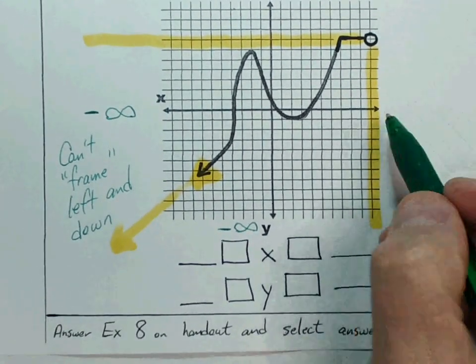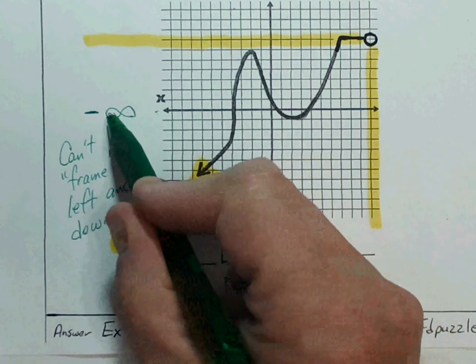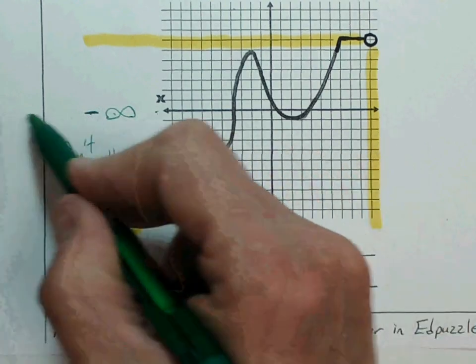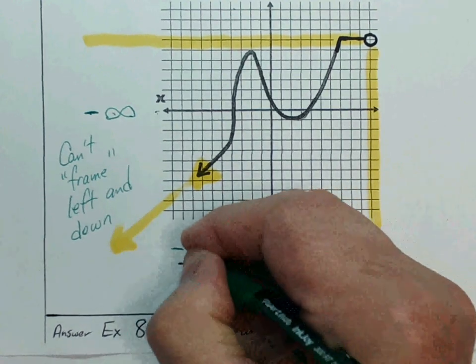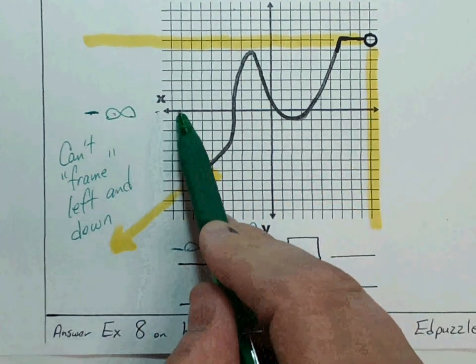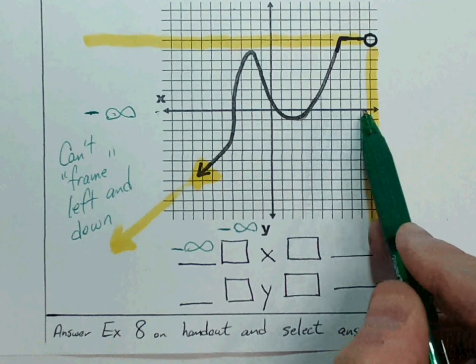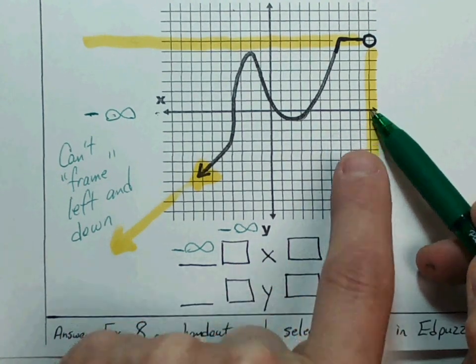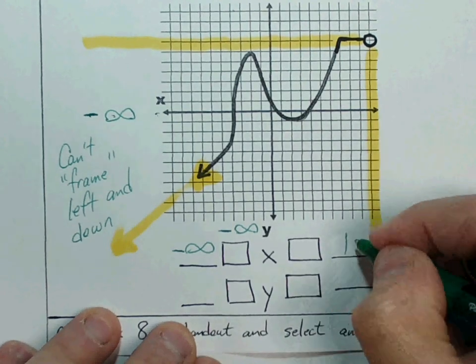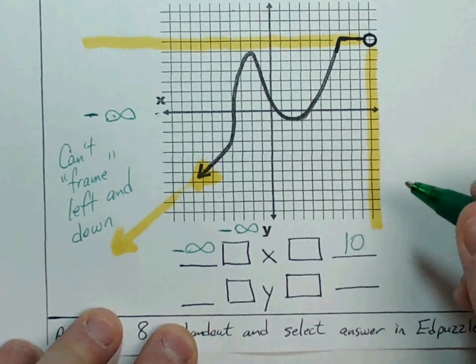Okay? On the x-axis, I can't find the low because it's going forever. So my low is going to be negative infinity. But what about my high? Well, let's come over to here, and right here, I touch the frame. So that's my high. My high is going to be a 10. Okay?